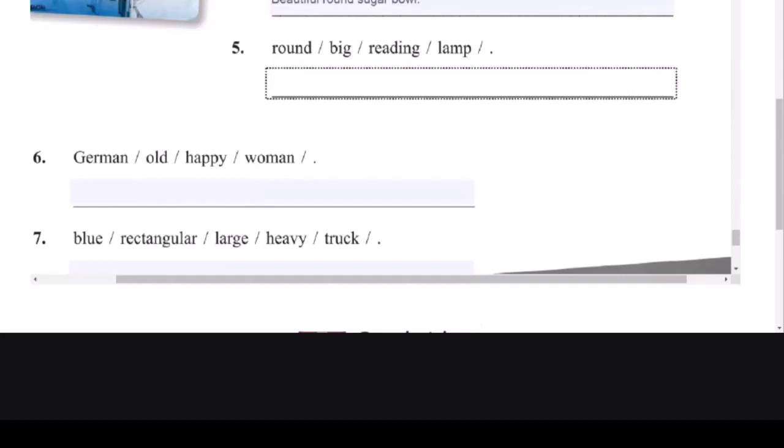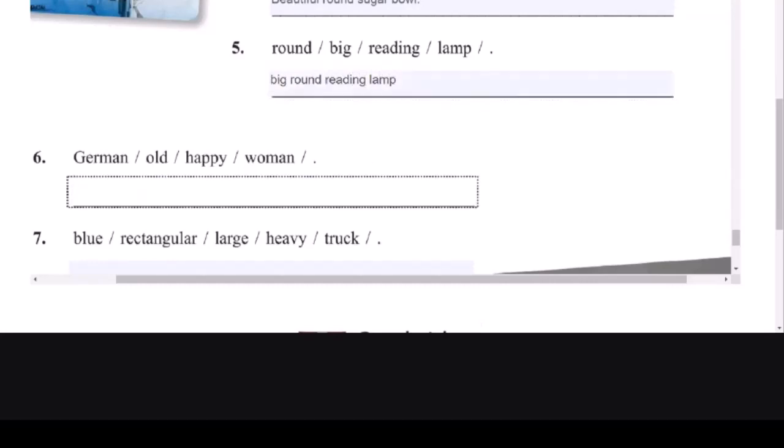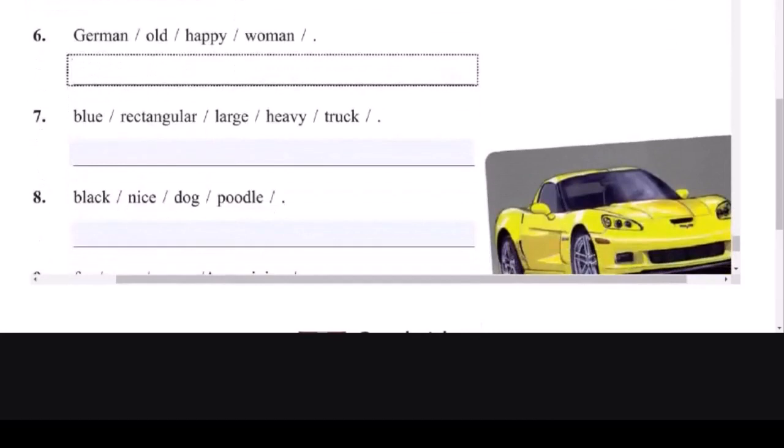Big round reading lamp. Big and then round, not rounded then big. So, yes, that's right. Old happy German woman. All right, happy. Is that an opinion or is that a condition? Condition, right?